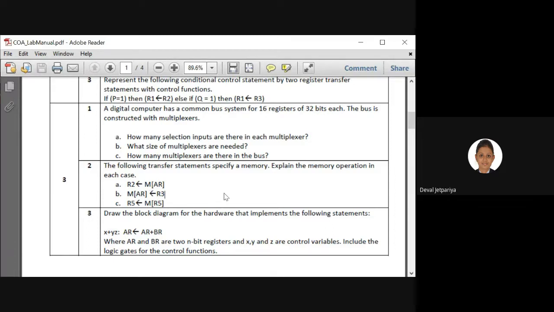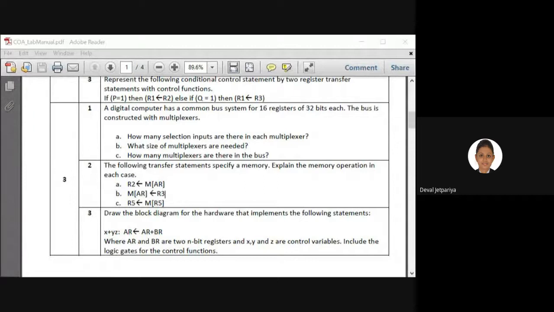So in total, how many addressing modes have you seen? One is direct, second one is indirect, and third one is... Can anyone say what is the type of addressing mode? Indirect. Direct, indirect, and any other apart from this? Any other types you had seen?